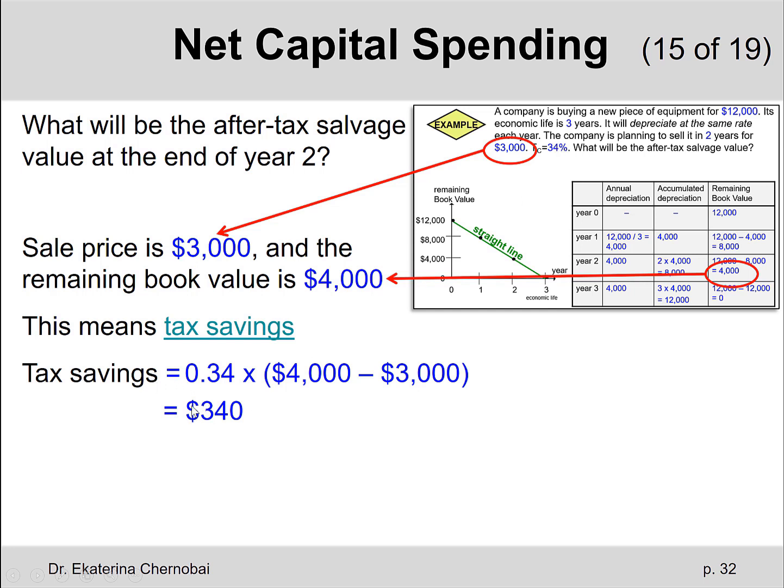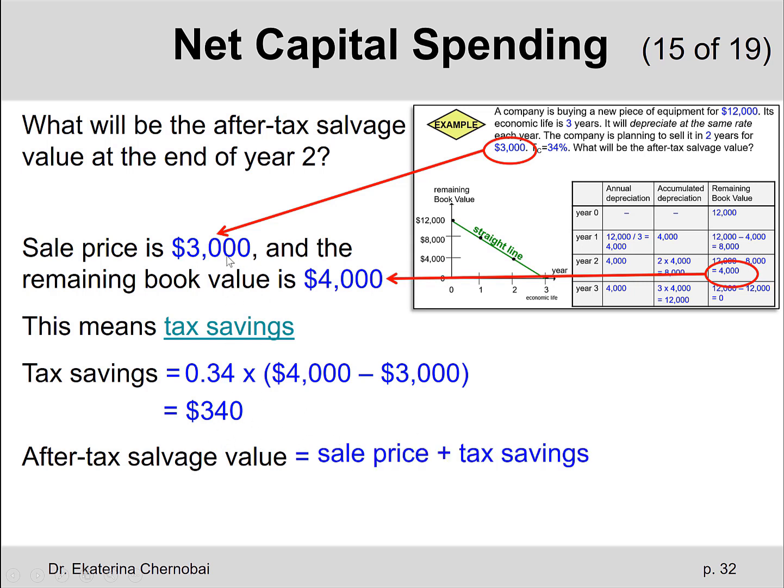The tax savings is equal to $340, and we're going to add it to the $3,000 selling price to correctly calculate the so-called after-tax salvage value that we get to keep. So the after-tax salvage value equals $3,000, the selling price, plus the tax savings, $340, which gives us $3,340.